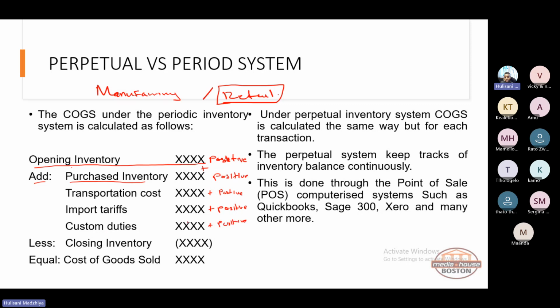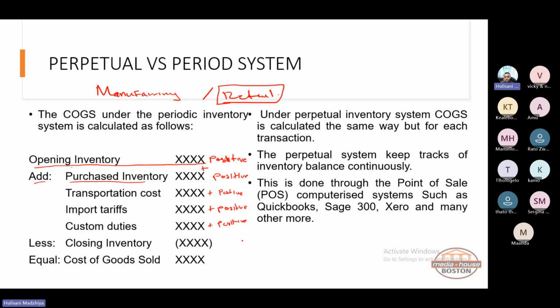So this means that the total purchase cost of your inventory will be inclusive of your purchase price, your normal inventory price, plus transportation cost, plus import tariff, plus custom duties. All of this will give you the total inventory cost for the ones that you just bought. And then you're going to combine it with your opening inventory.